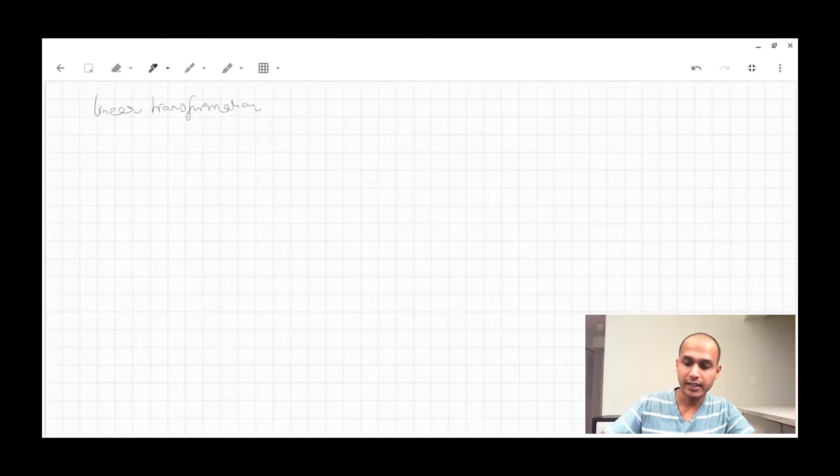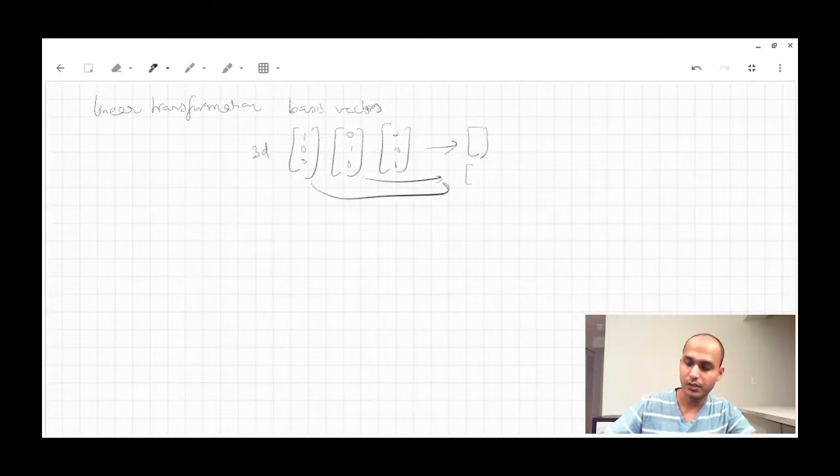In particular, if we know how the linear transformation transforms the basis vectors, such as 1, 0, 0; 0, 1, 0; and 0, 0, 1 in 3 dimensions, into a resultant vector, then we can stack these three vectors next to each other as columns and create a block which we call the matrix.